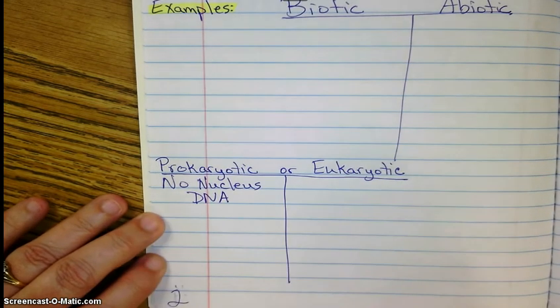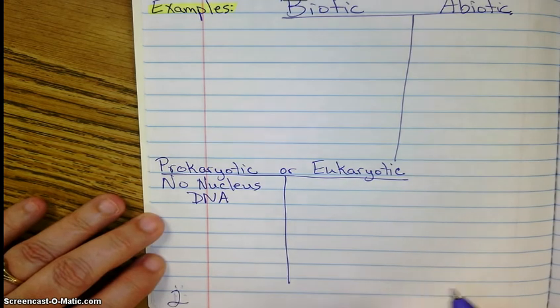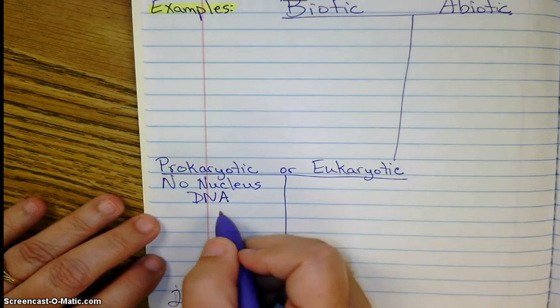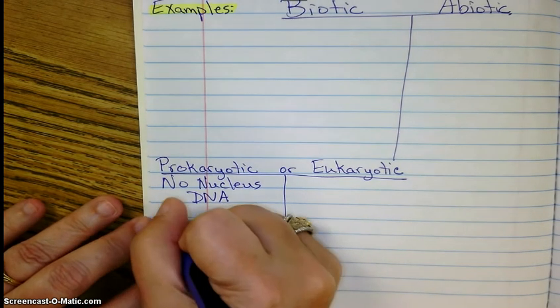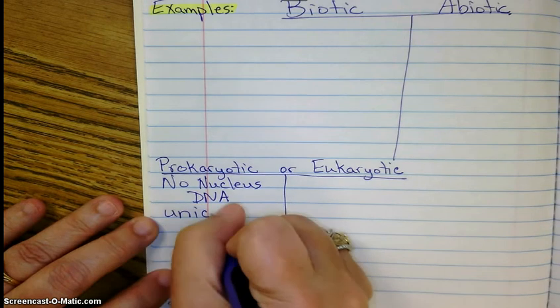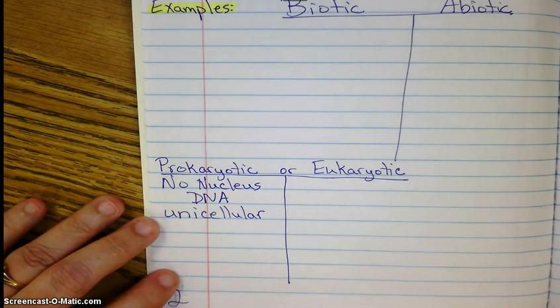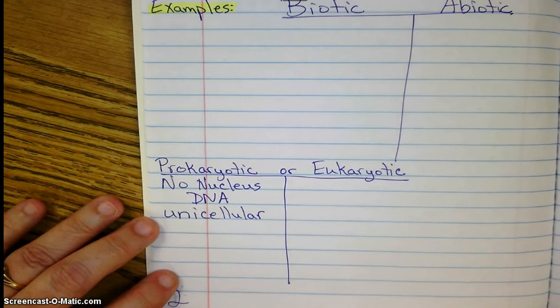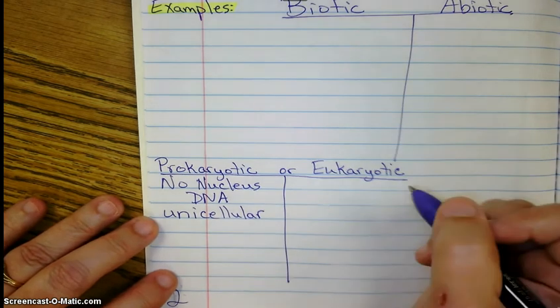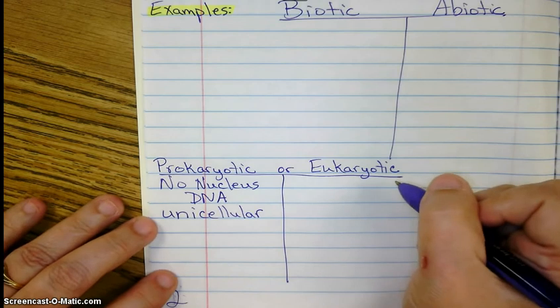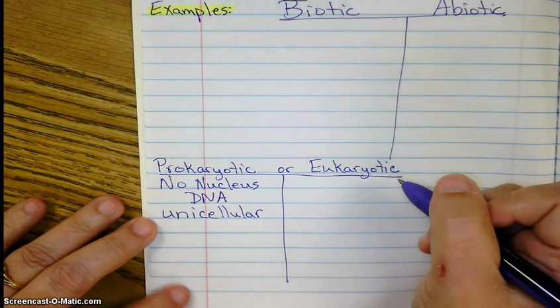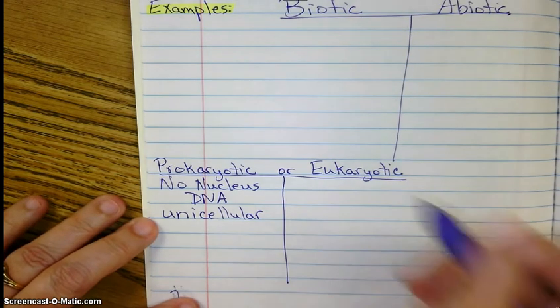It's just that DNA is floating around in the cytoplasm. It's because they're very simple, meaning they are unicellular. All prokaryotes are unicellular. Now, not everything that's unicellular is a prokaryote, and so you will find there are some eukaryotic cells, such as protists, that are unicellular.